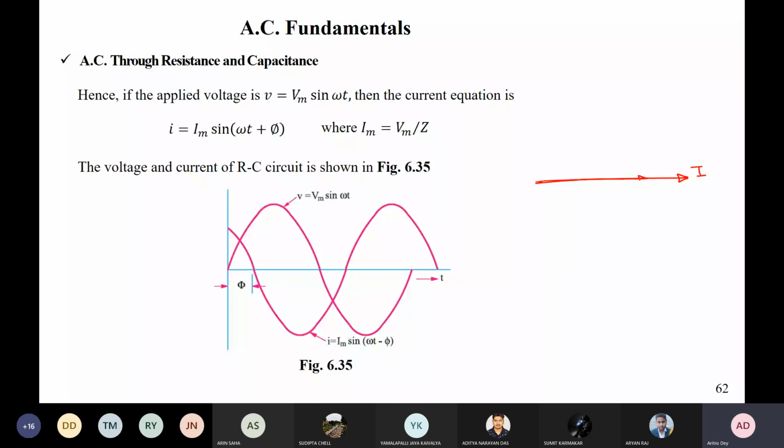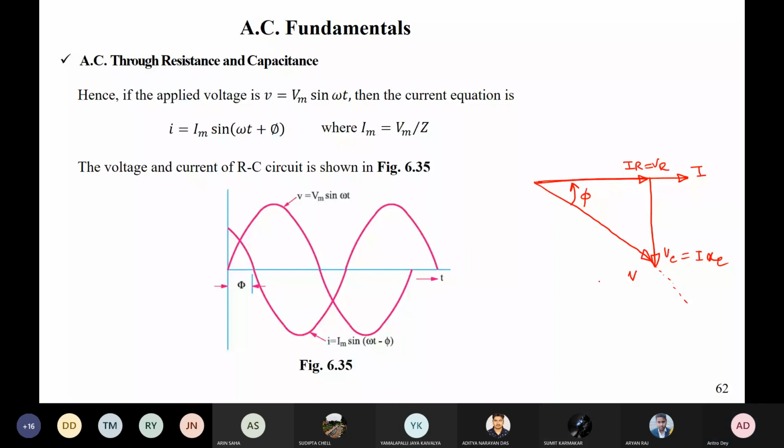So this is your I into R, which is equal to VR, and from here this is your VC, which is I into XC. If you join these two, you get your voltage V, which is applied to the circuit. So if we take V as reference, this is the angle phi with which your current will be lagging or leading. In this case, for the capacitor, leading.